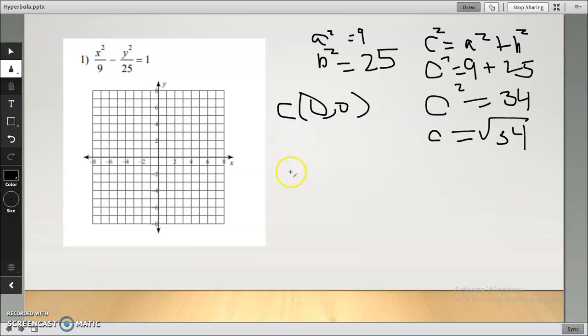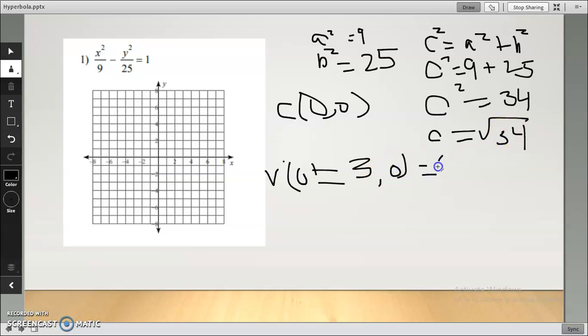All right, so now the vertices. I'm going to denote that with just the V. So for the vertices I'm adding to the x because it's horizontal. My a is 3, so that's going to be 0 plus or minus 3, comma 0.